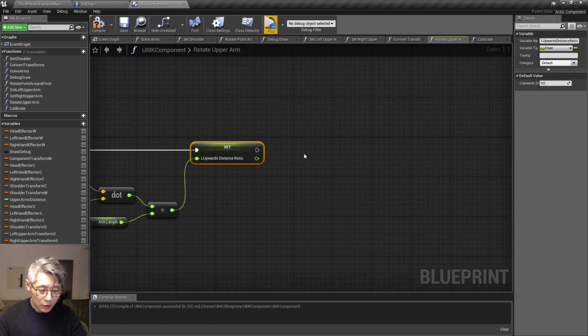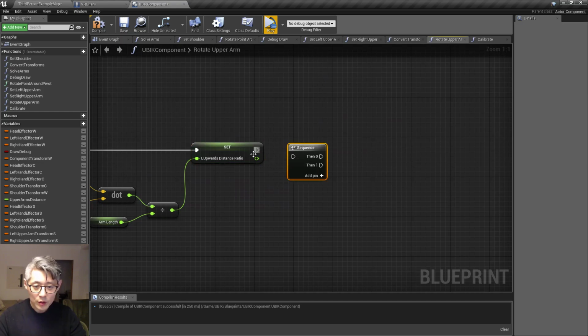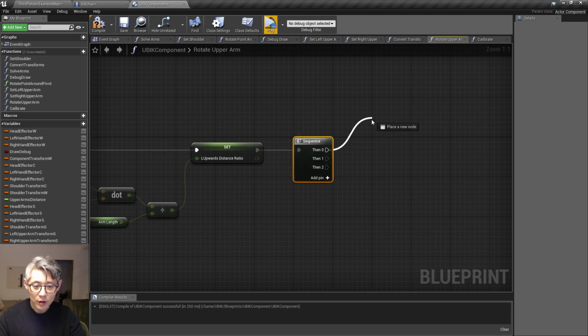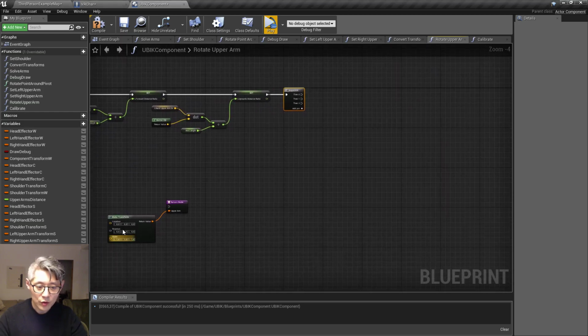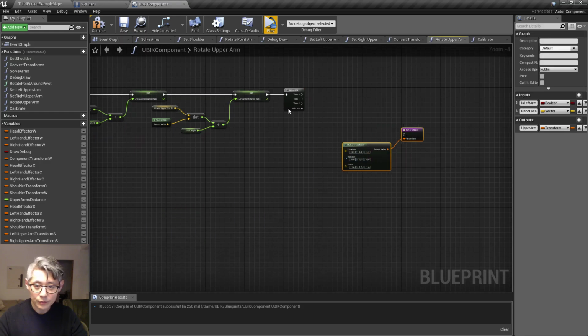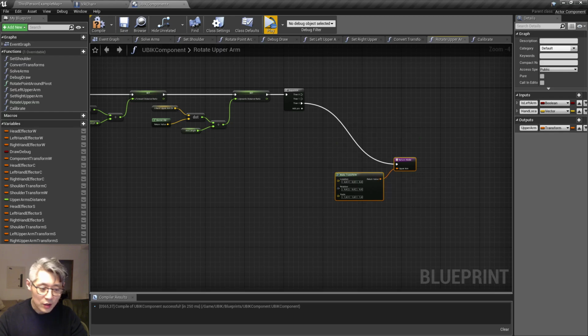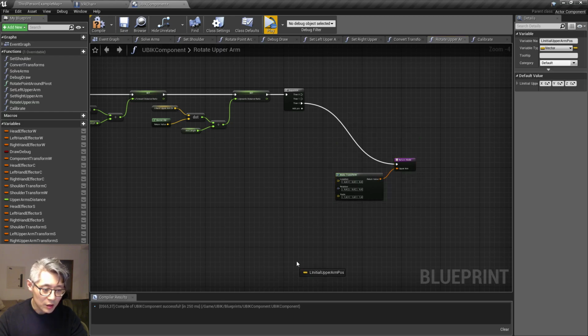All right. So for now, we make a sequence, because we're going to do a few things here first. First, we're going to take care of the forward, then the upwards, and then we're going to figure out what rotation or transform to return in the end here. The only thing we can safely fill out for now is this. We have the location already. That is going to be the initial arm position here.